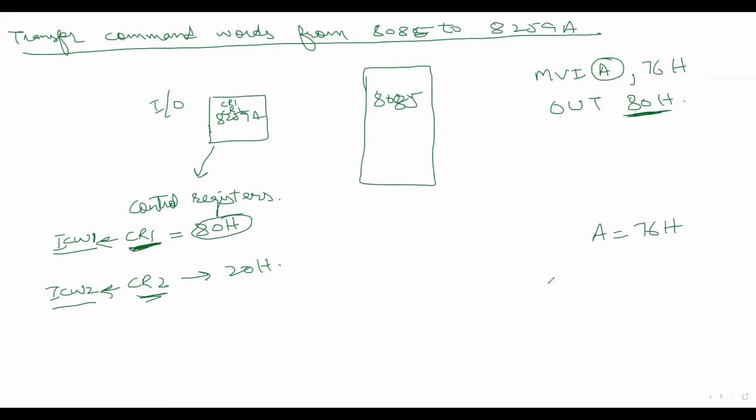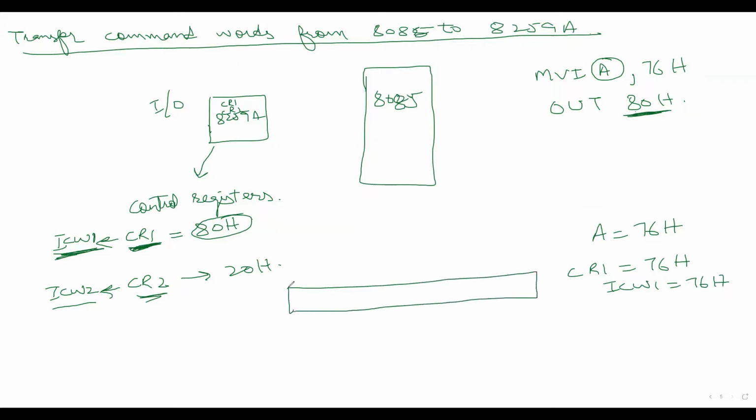So CR1 gets 76H. CR1 is initialization code 1, so ICW1 is 76H. Our code word is 8 bits, and the 9th bit is always 0, and these 8 bits are 76H.